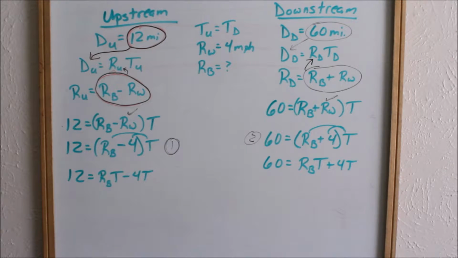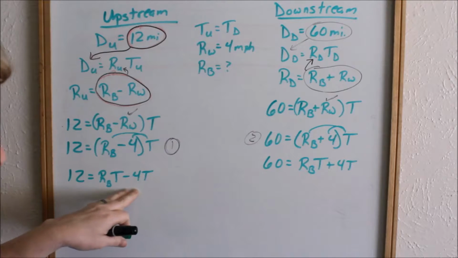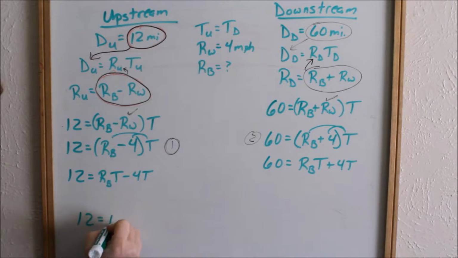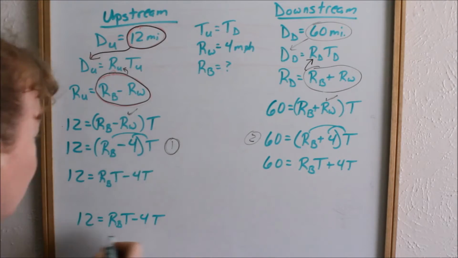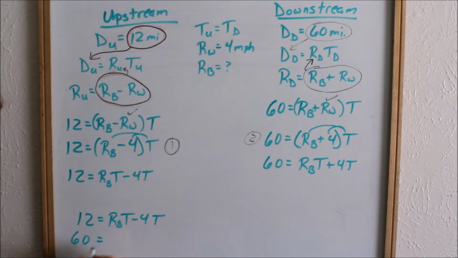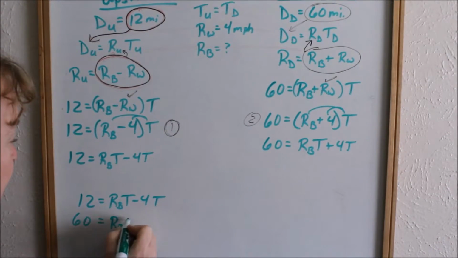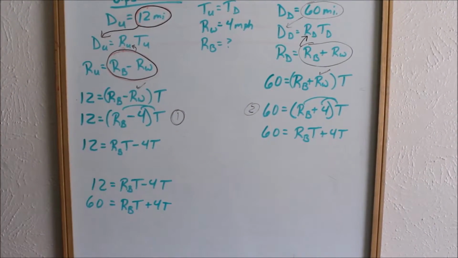So I have 2 equations and 2 unknowns, and I'm going to use elimination. To do elimination, you take these 2 equations and stack them on top of each other. I'm going to take this first equation and stack my other one right on top, keeping everything lined up. Here are all my distances, here's RBT, and then all my T's.